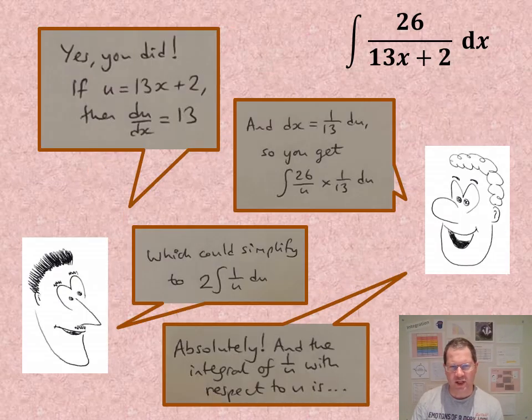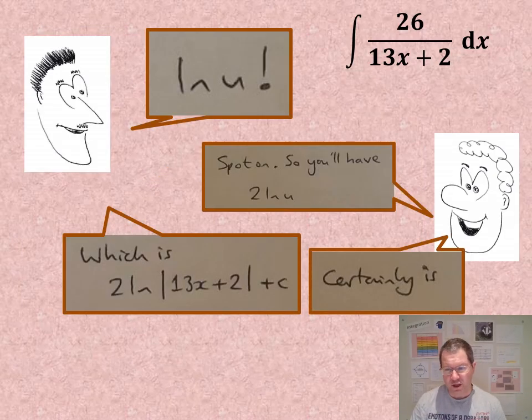If u = 13x + 2, then du/dx = 13, and dx = 1/13th du, so you get the integral of 26 over u times 1/13th du, which simplifies to 2 times the integral of 1 over u du. Absolutely. And the integral of 1 over u with respect to u is ln u.